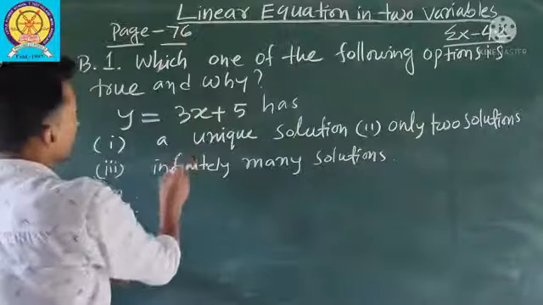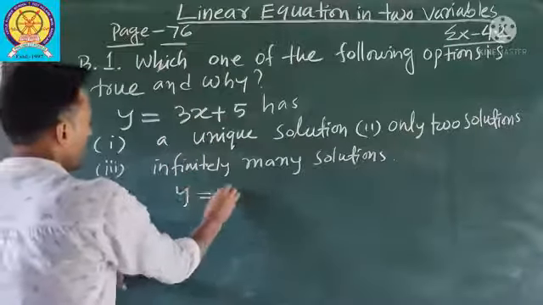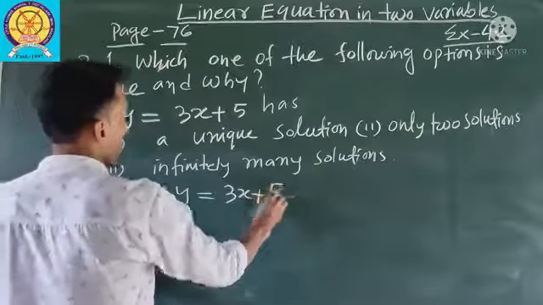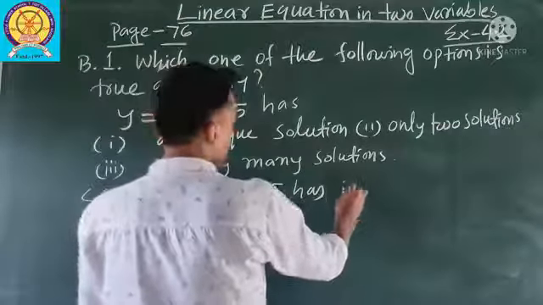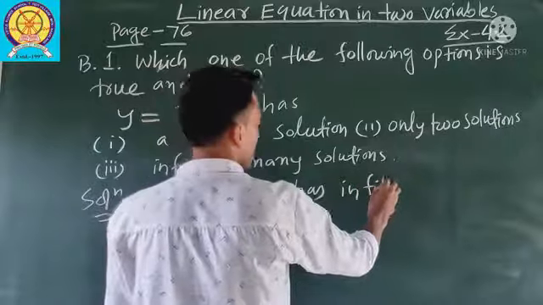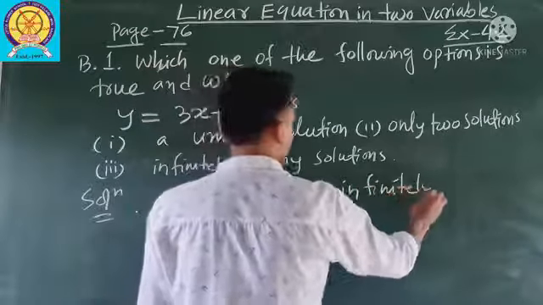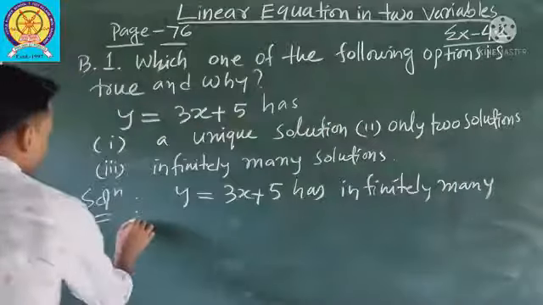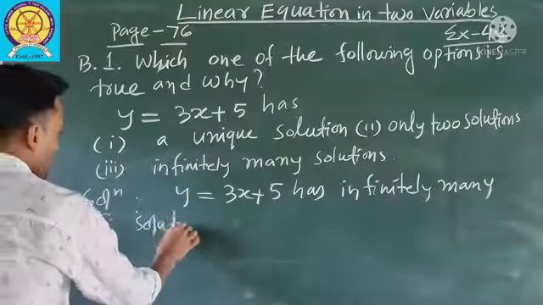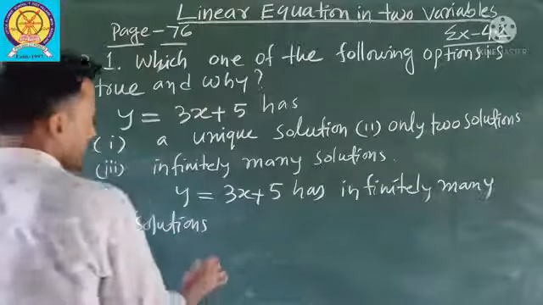So the answer will be: y = 3x + 5 has infinitely many solutions. Why?